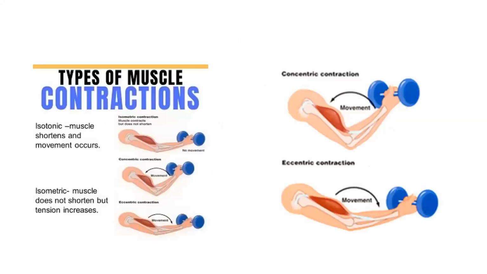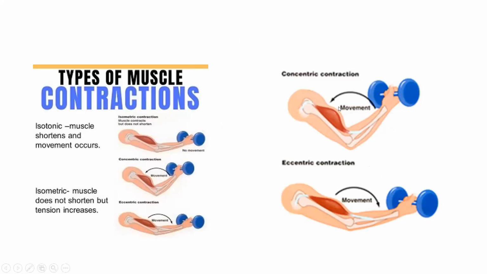Now, let me move on to some types of contractions. I've mentioned that some force has to be generated, but these forces differ in different types of contractions. In the beginning of the lecture, I mentioned that in some cases the joint angle can be changed.